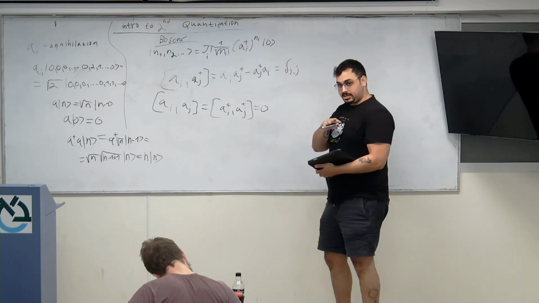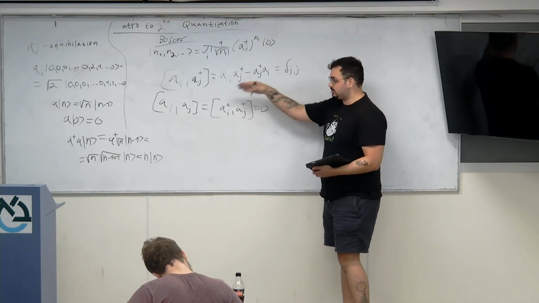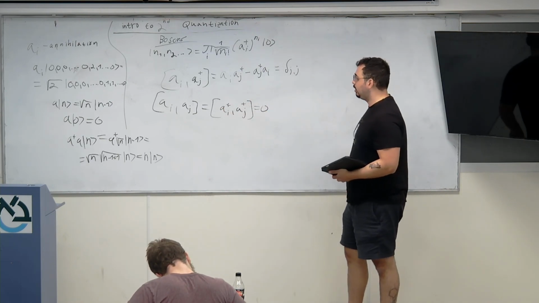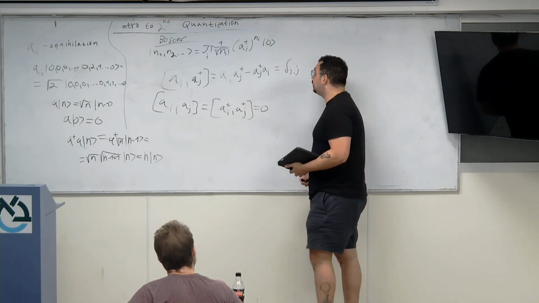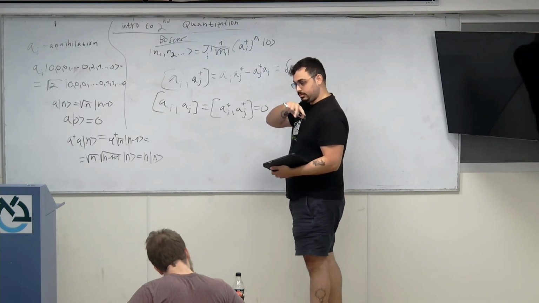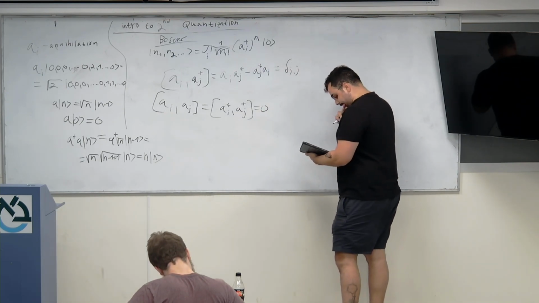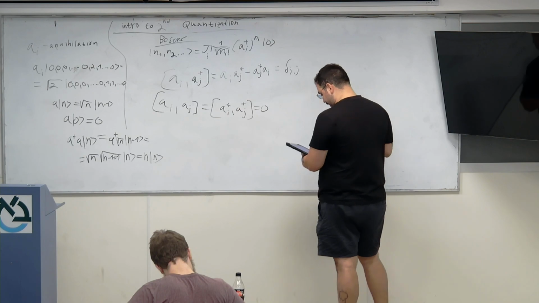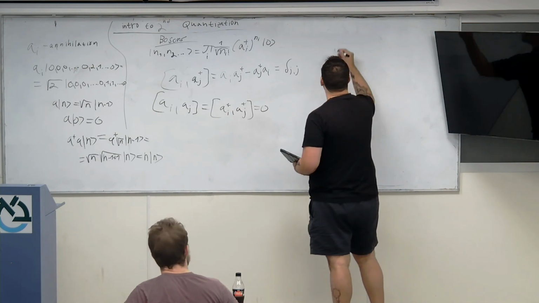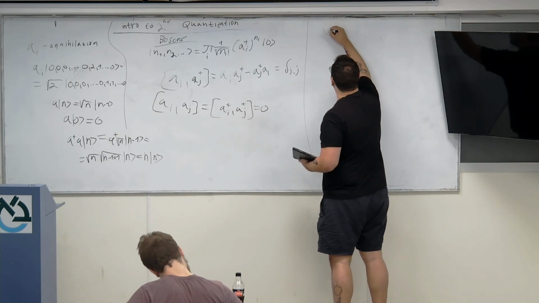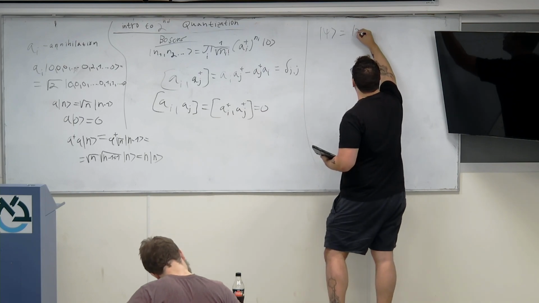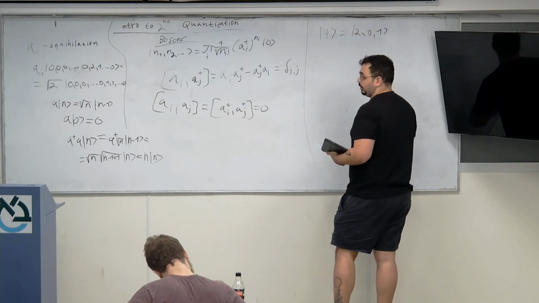Now, unless someone has a question, let's do a little exercise using this extensive knowledge. Any questions? No? Let's say we have some state, I'm going to write it here: phi equals |2, 0, 1>.